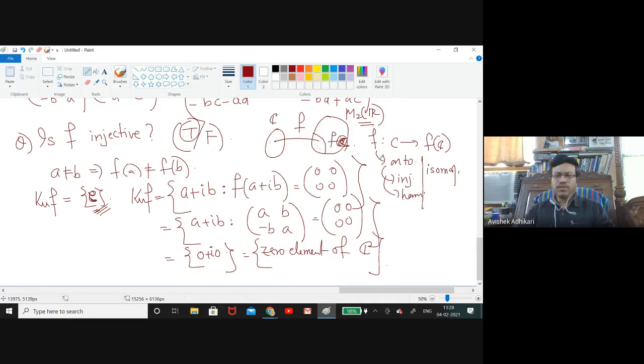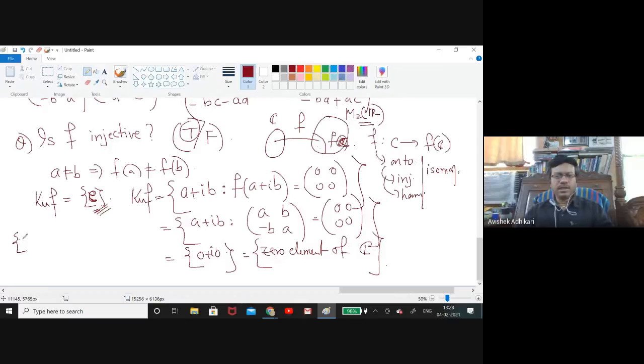Okay, so if not, then just try to think about the quaternion ring. You remember the quaternion rings look like a plus ib plus jc plus kd, so that a, b, c, d belong to R, right? You have already seen this. Can you have some kind of matrices, say M_n(R)?